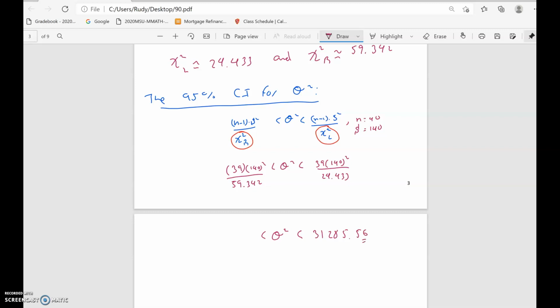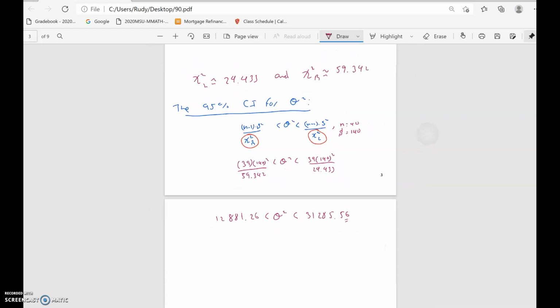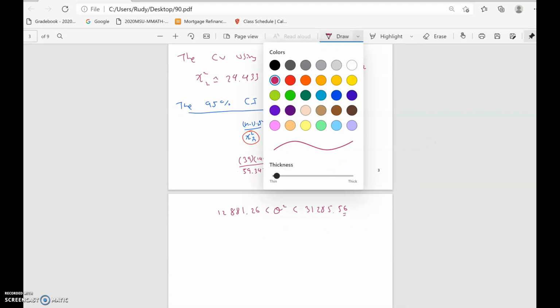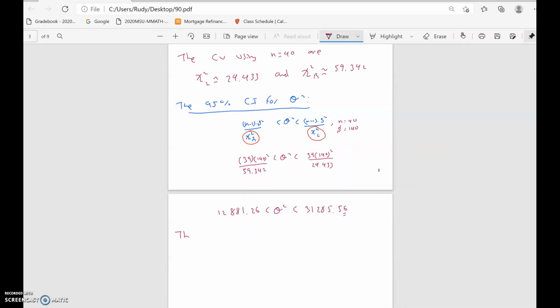I'm just rounding to 2 decimal places, and then 12,881.26. And let me just double check the calculation. Let me just rewrite it as the 95% CI for sigma squared is 12,881.26 to 31,285.56.